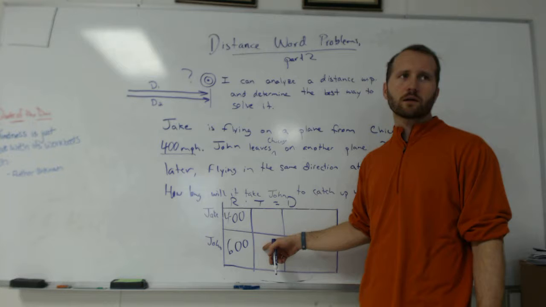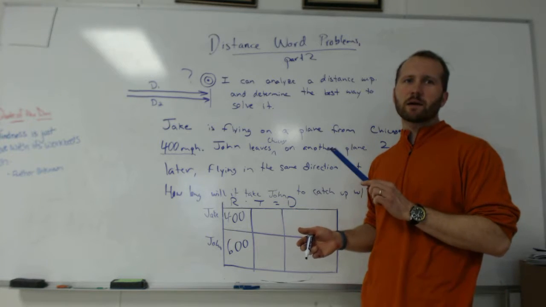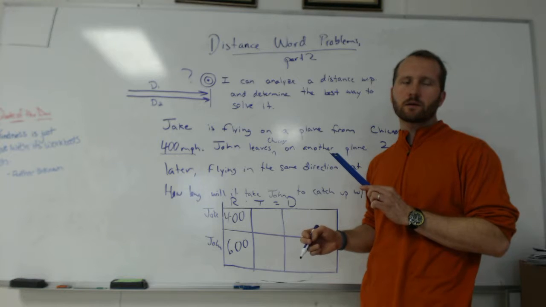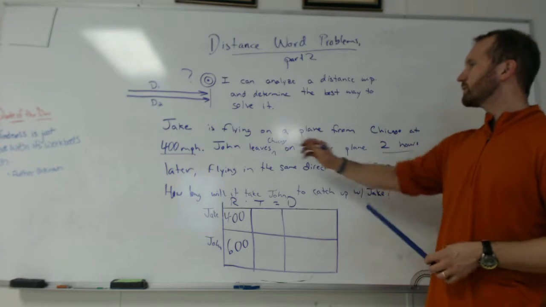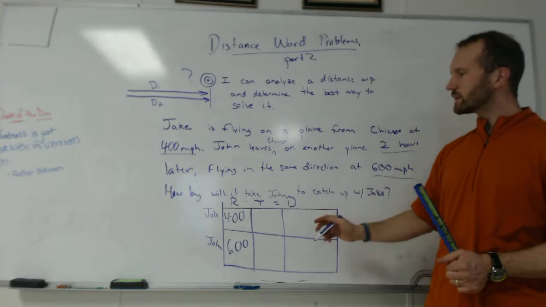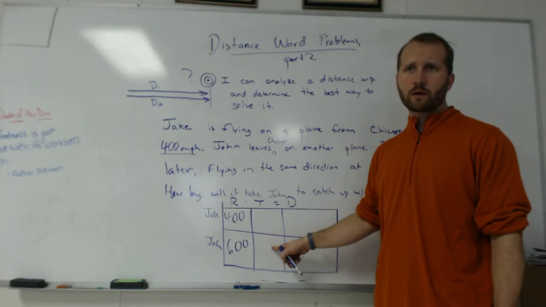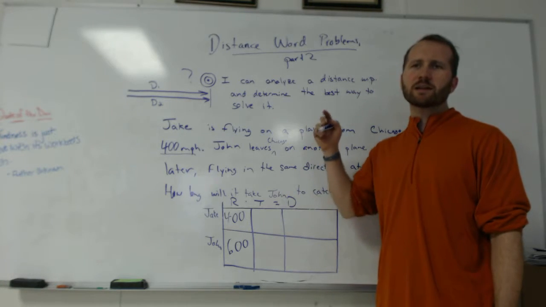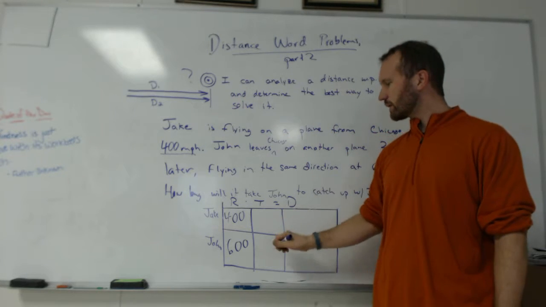Oh no, this is the trickiest thing about these problems. Because it says John leaves 2 hours later, it always seems like John is going to be x plus 2. But think about it. That means that Jake has already been traveling for 2 hours by the time John leaves.